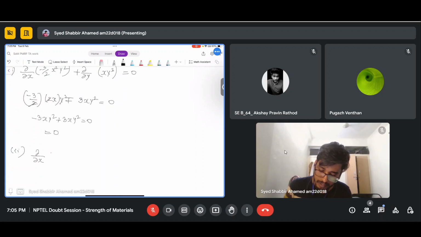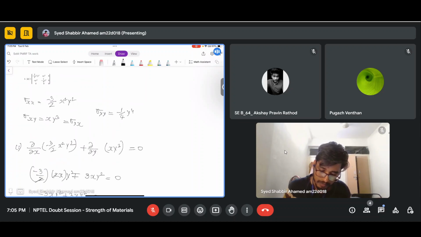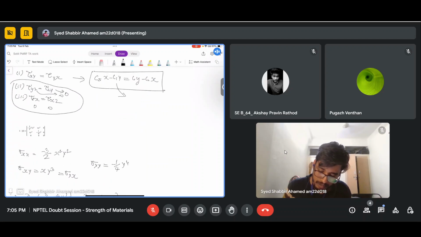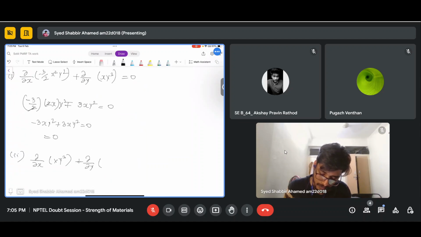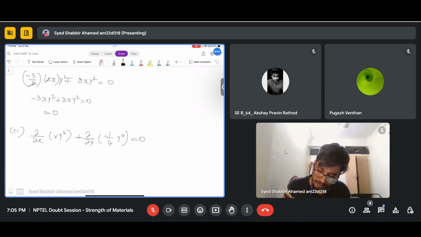Similarly, I have the second equilibrium condition, dou by dou x of tau xy plus dou by dou y of sigma yy. So sigma yy I have minus 1 by 4 y power 4, so y cube, again this will be minus y cube.